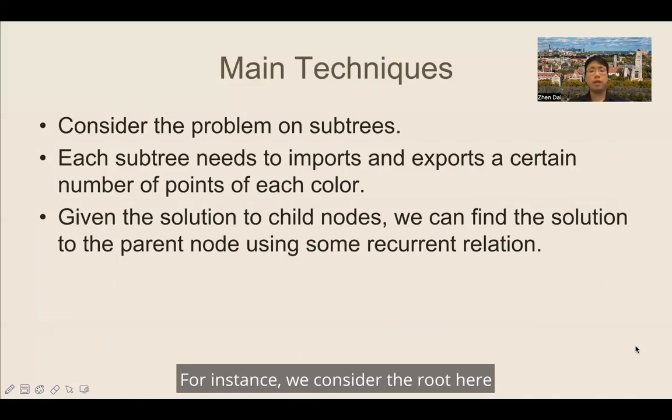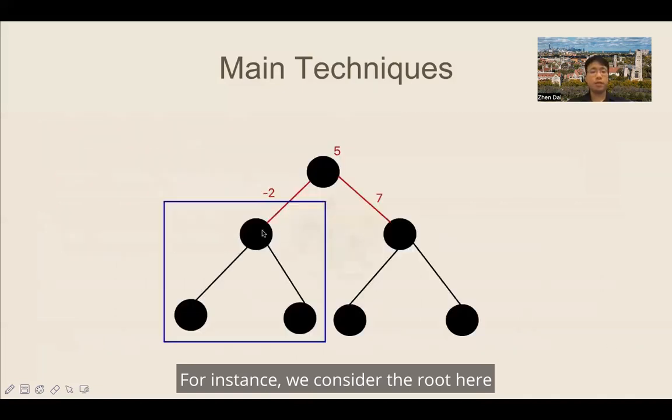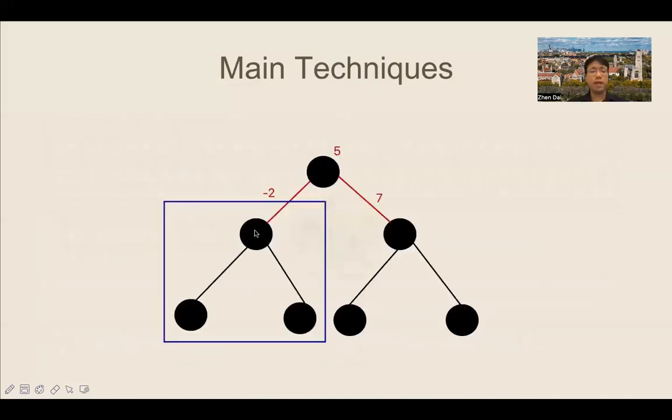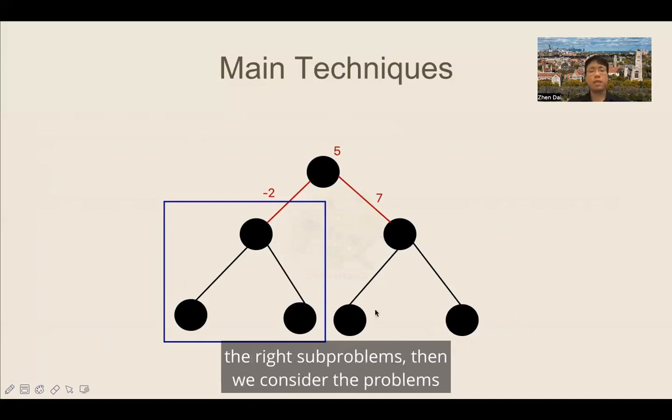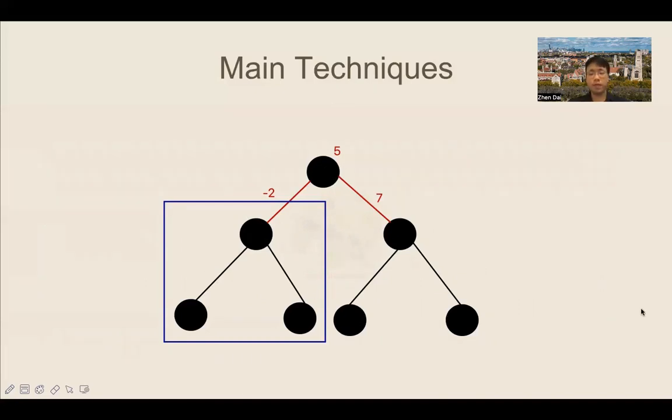For instance, we consider the root here, and we consider the subtree in this blue box. We solve similar problems on this blue box, and then once we consider the left subproblems and the right subproblems, we consider the problems on this whole tree.